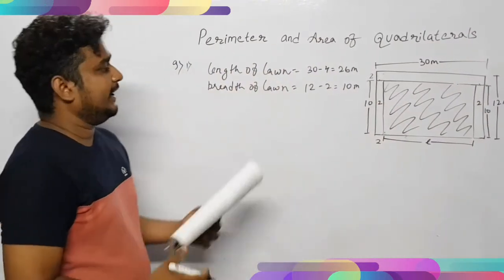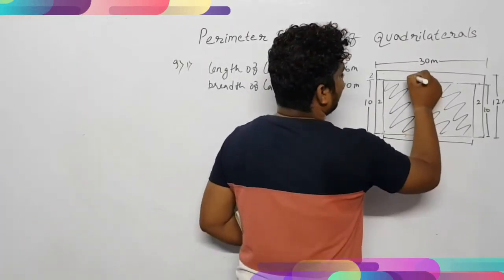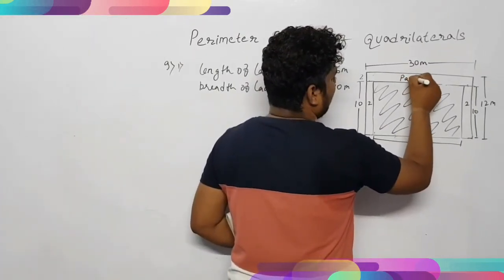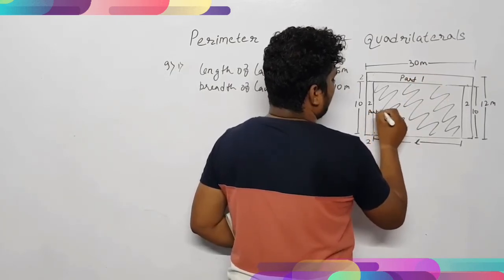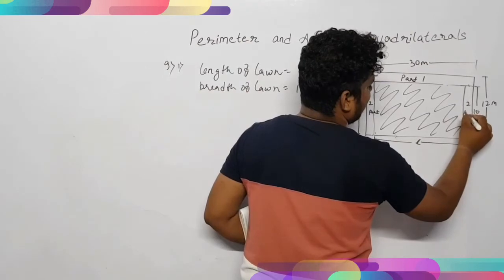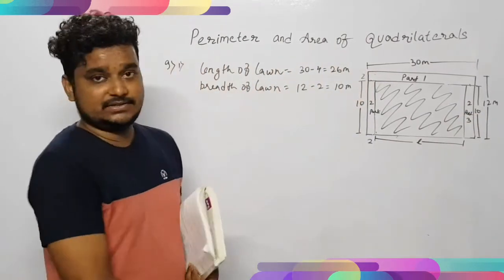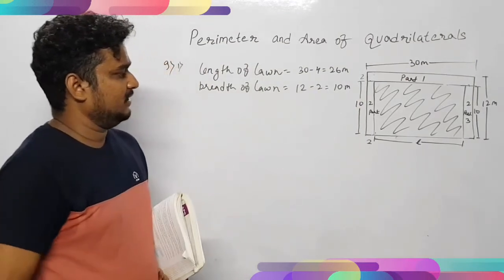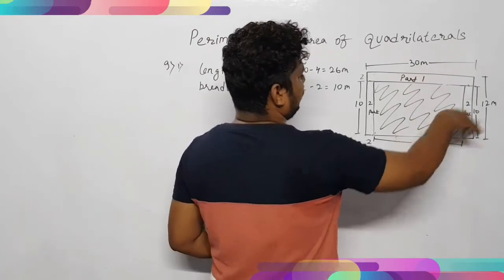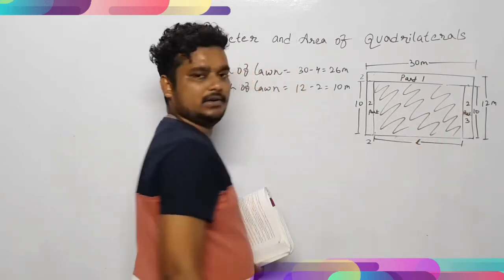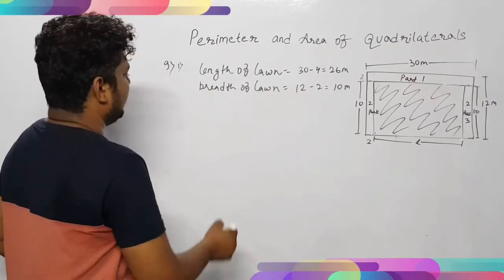So in order to find the area of this flower bed, we can mark it as part 1, part 2 and part 3. If you don't want to do it this way, then you can find the total area and subtract this particular part, that is also possible. I will tell you both methods.